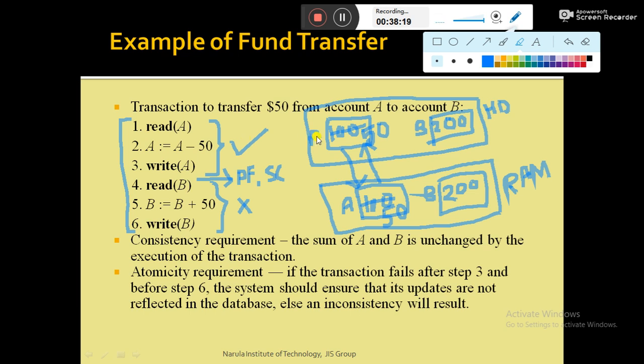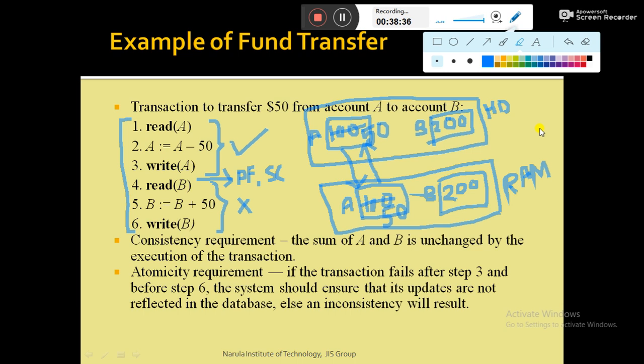That means the old values of A and B are copied somewhere once the transaction starts, and if the transaction does not complete its execution, if a transaction failure occurs in the middle, then what happens?